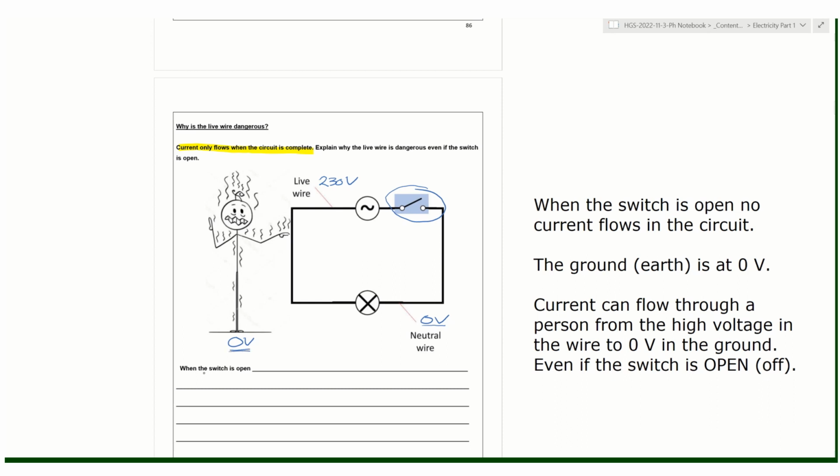But this is also 0 volts. So if the current can't flow through the neutral wire because the switch is open, what the current can do is flow through the live wire, then flow through the person to go to this 0 here in the ground, which means we have very high current flowing through the person. And this is why it's dangerous.